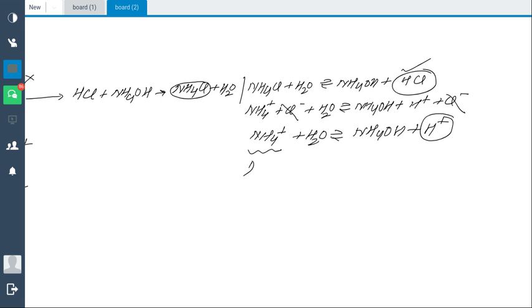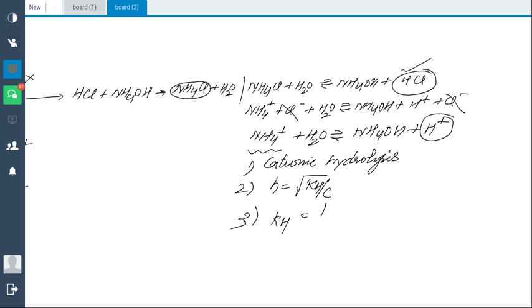So this is termed as cationic hydrolysis. On hydrolyzing it and working out on the expressions, I'll be getting H is equal to under root of KH by C. KH is equal to KW by KB. And pH is equal to 7 minus half log C plus pKb.